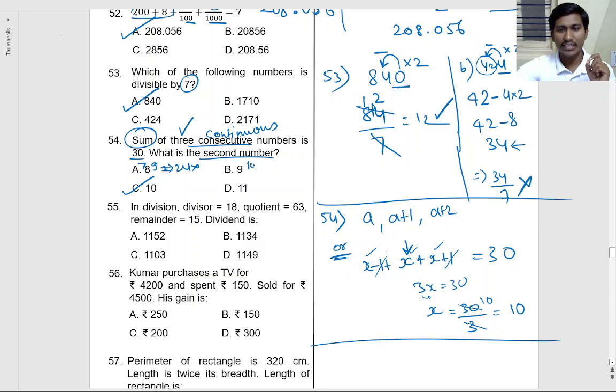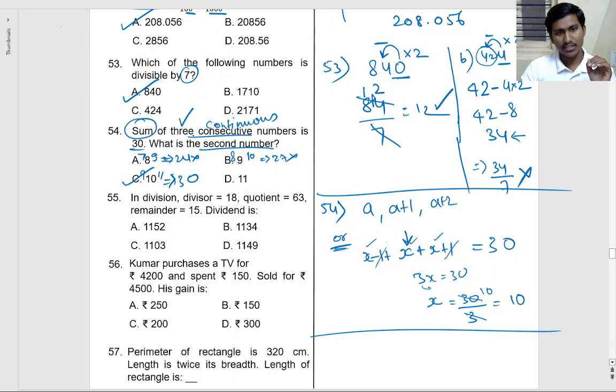Next will be 10 and previous will be 8. 8 plus 9 is 17, 17 plus 10 is 27. So it is not 30. If you take 10, yes, it will work. Next will be 11 and previous will be 9. 9 plus 10 is 19, 19 plus 11 is 30. So the sum is 30 here. That is why C is the answer option.